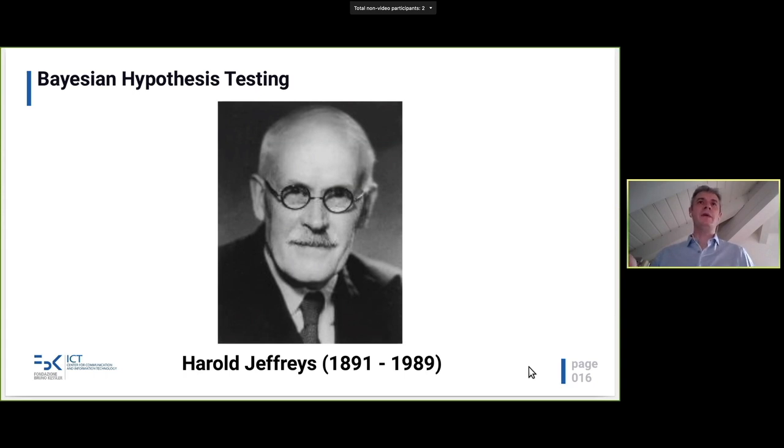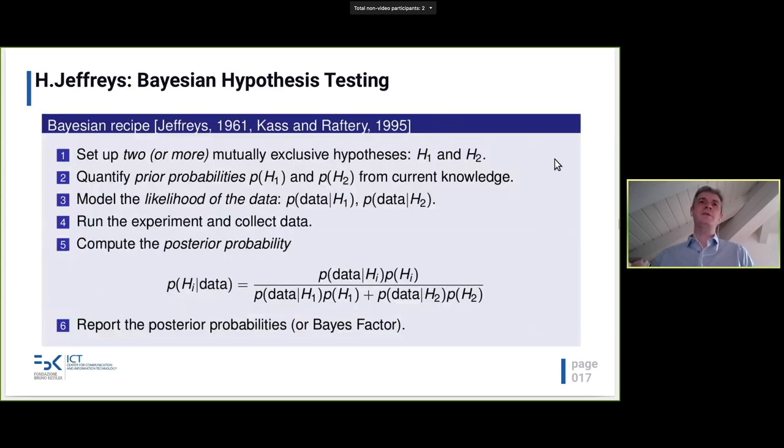Now that I introduced so many concepts, it's easy and quick to talk about Bayesian hypothesis testing, which was proposed by Harold Jeffreys, more or less in the same years as the other two frameworks, but this was not so famous at the time, and even today is not, let's say, prevalent. Anyway, what is the recipe of Bayesian hypothesis testing?